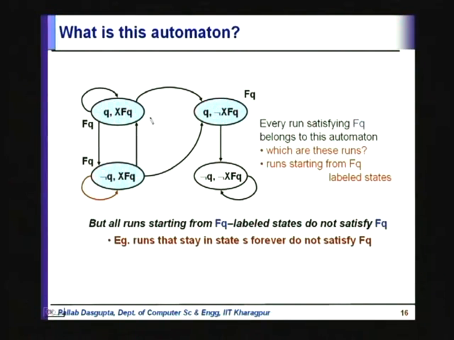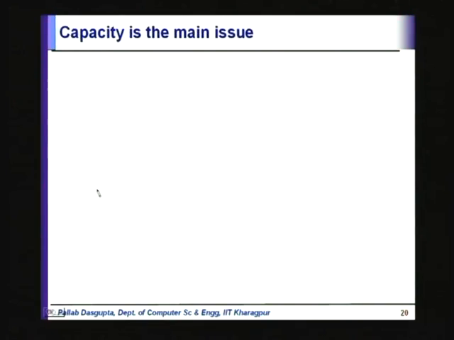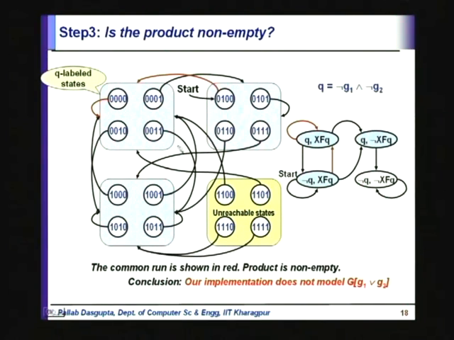Therefore, our acceptance condition is not that it should reach such states, but should reach certain types of states infinitely often.